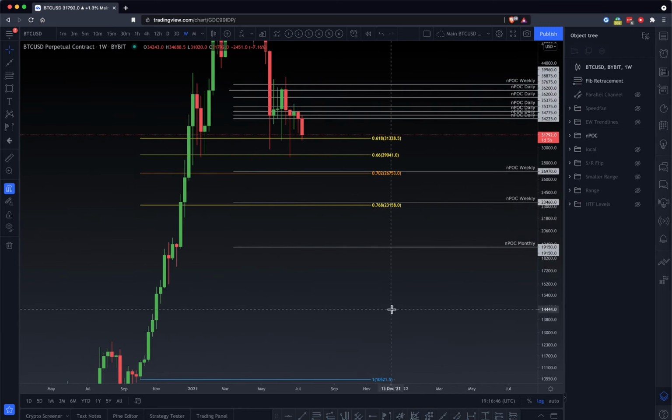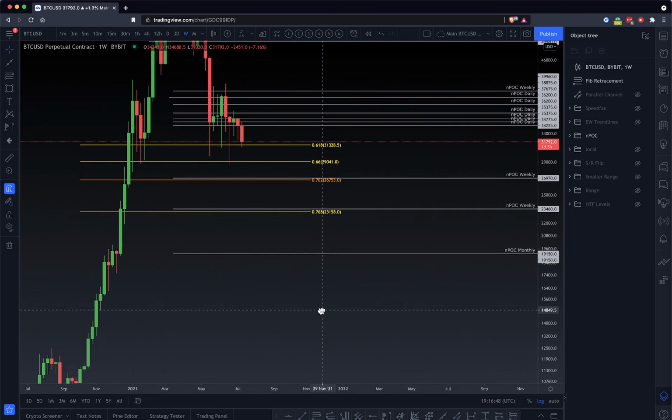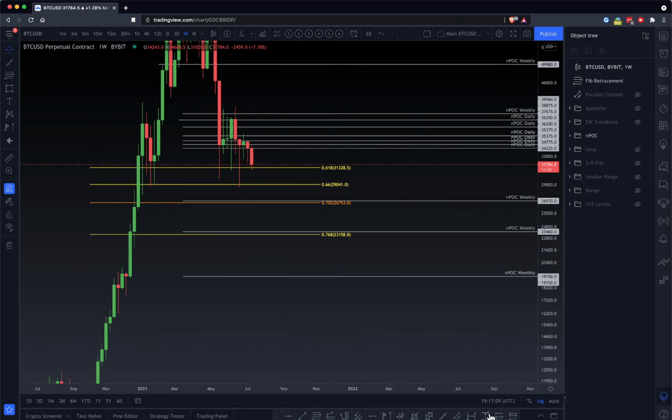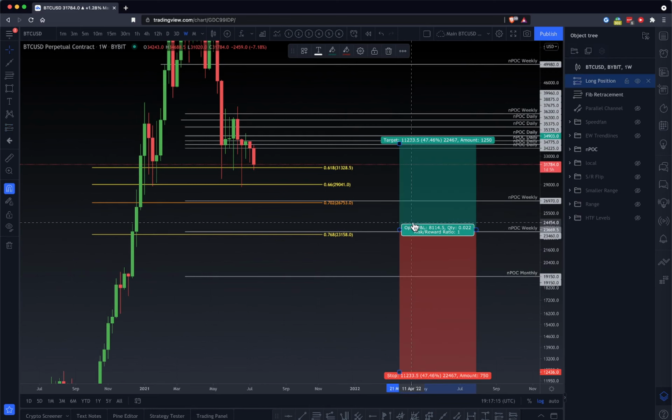For me, the biggest and best confluences are mostly around this region, around 23,500 to 23K. I feel like that's the prime opportunity that we can have here.